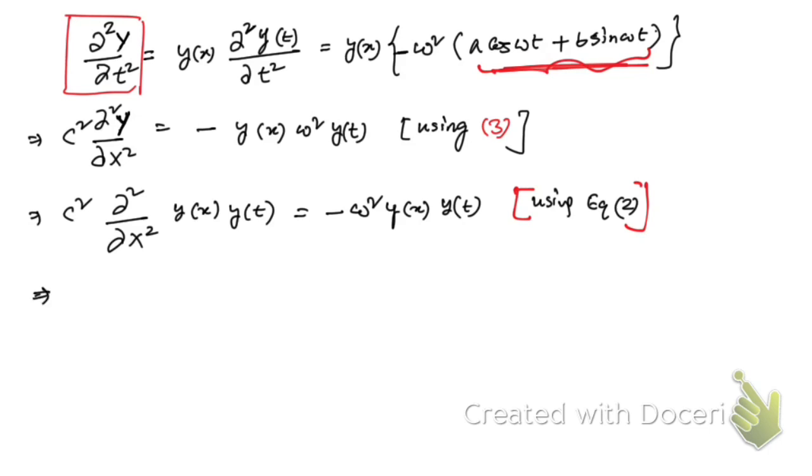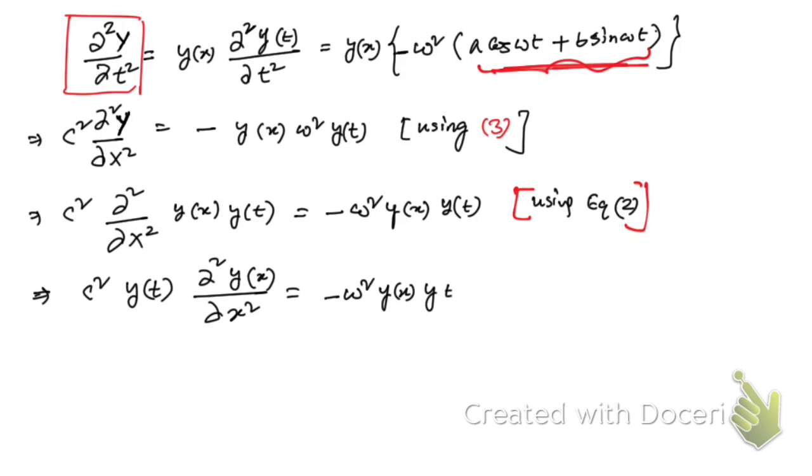So now here you see c square, we're gonna take this as constant now because we are differentiating with respect to x, so we're gonna take the function of x only. So small y of t is taken as constant. Second order derivative of y of x with respect to x, right, is equal to minus omega square y of x into small y of t.